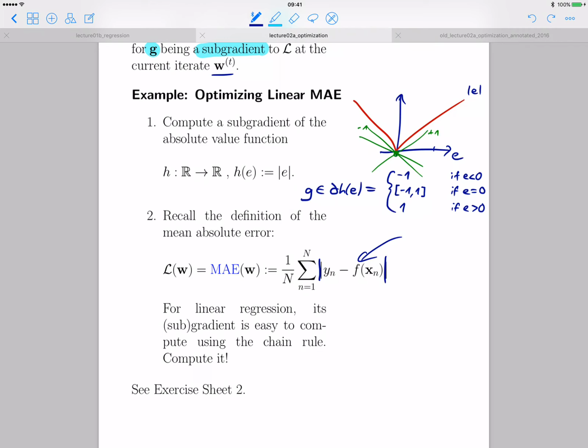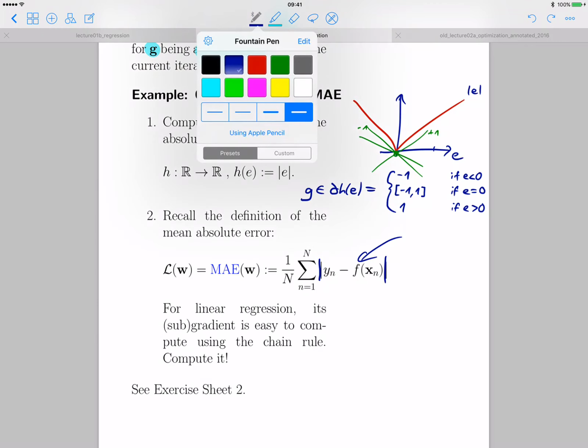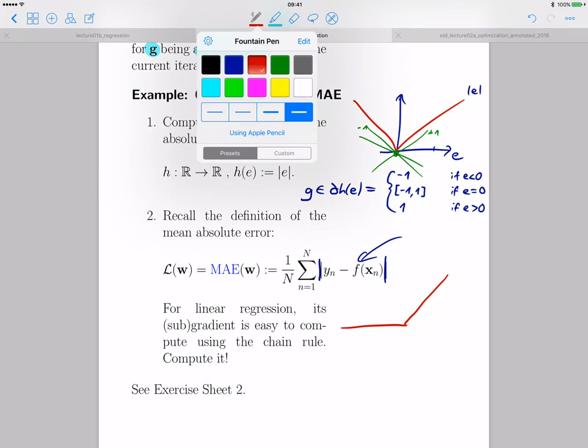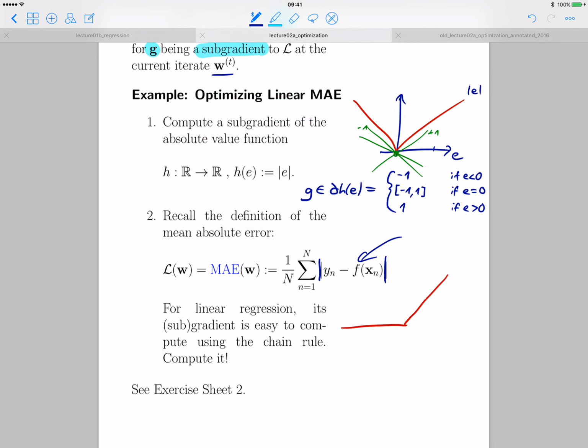And then there is another function which appears a lot in machine learning, this function here, which is basically the activation function they use in neural nets. It's called ReLU, but it doesn't matter so much. Rectified linear unit. Or it's also used in linear classifiers, where it's called the hinge loss.